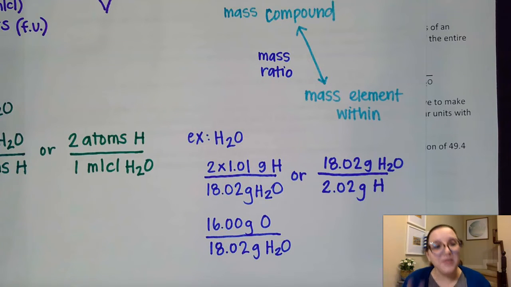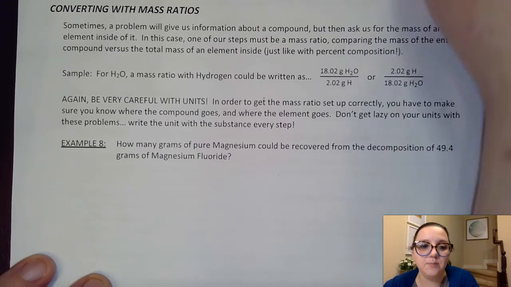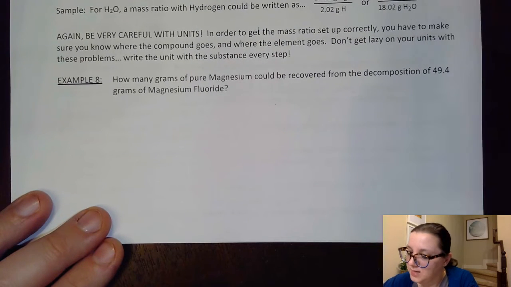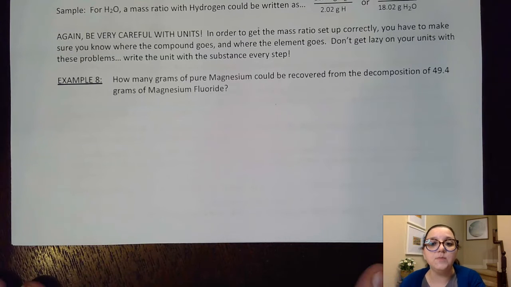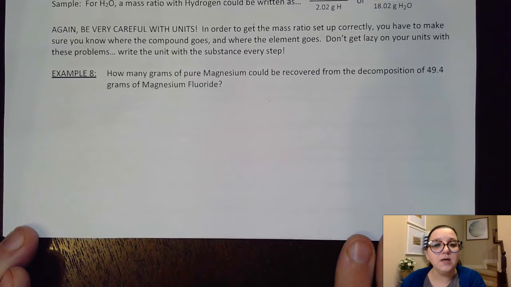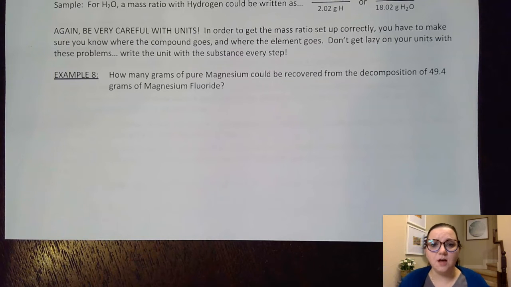All right, with that said, let's go ahead and look at some examples of how this would work. Our first example asks us how many grams of pure magnesium could be recovered from the decomposition of 49.4 grams of magnesium fluoride. So I'm going to start this off exactly like we've been starting off our problems thus far.